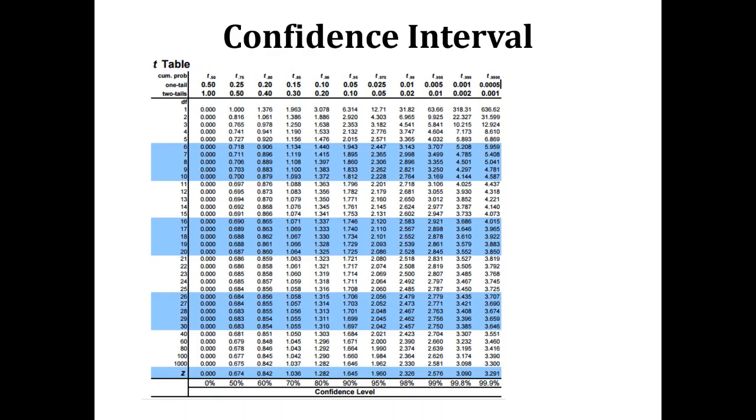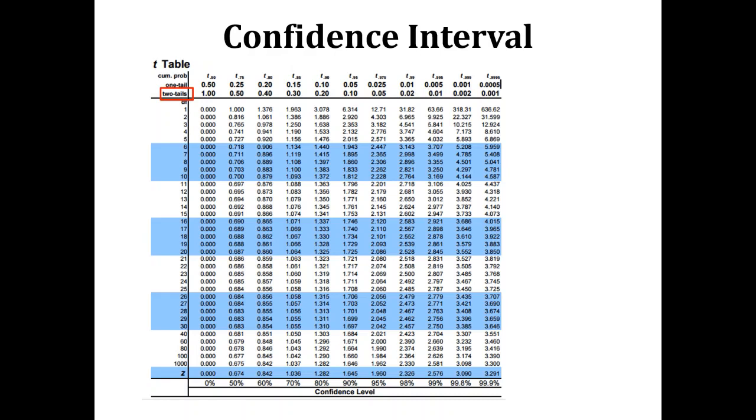And at the bottom you can see that the z-values are also mentioned and the confidence level is also mentioned. So what is our desired level of confidence? It is 95%. And what is the degree of freedom in this case? It is 9. So we are going to take the observations from two-tailed p-values.